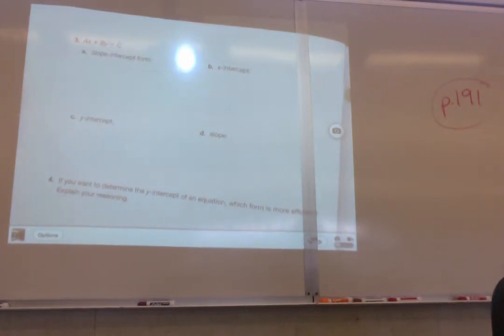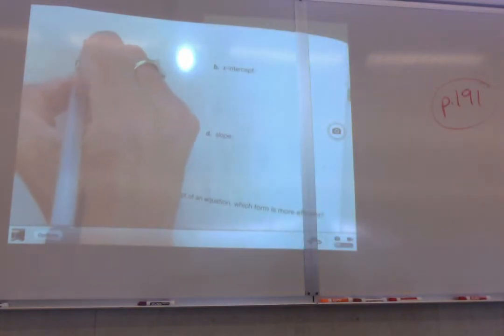Slope-intercept form. What do we need by itself in slope-intercept form? The y. So I'm going to start by writing this.